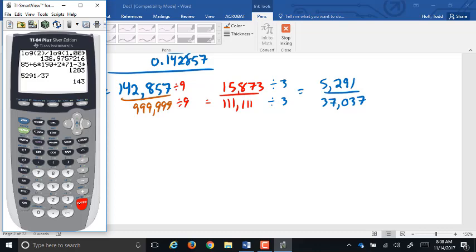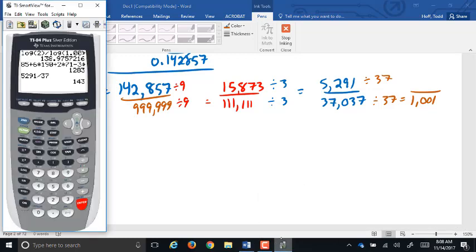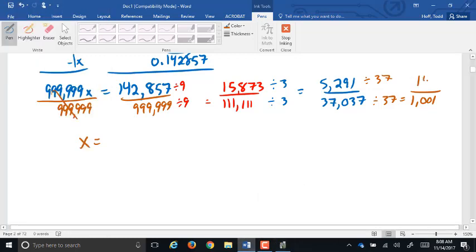Why did I use 37 to try that top? Because 37,037, that's divisible by 37. That's just 1,001. 5,291 divided by 37 is 143. Guess what?